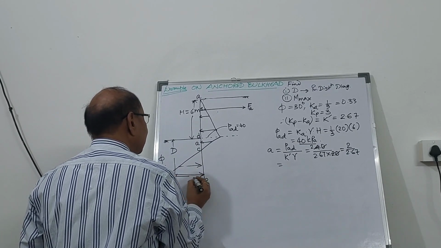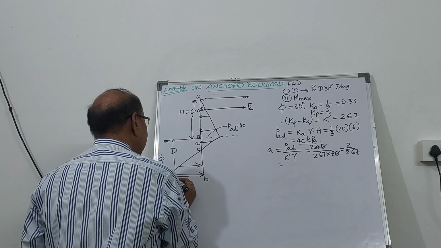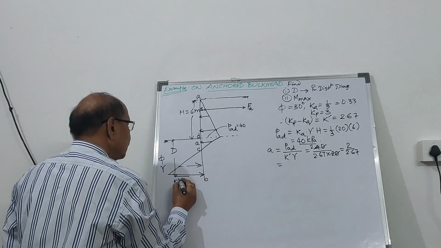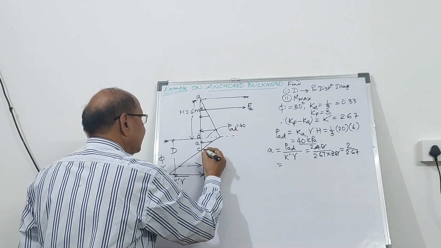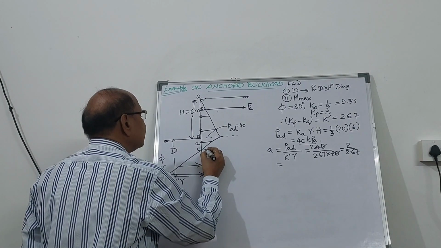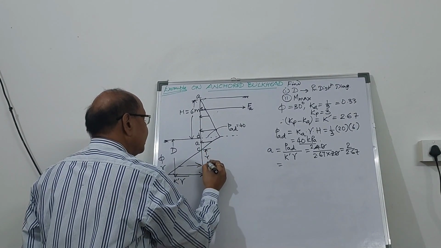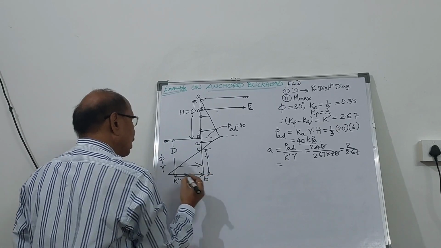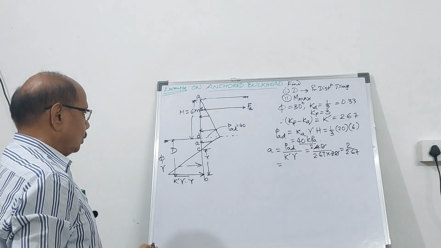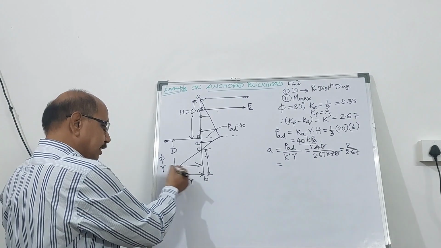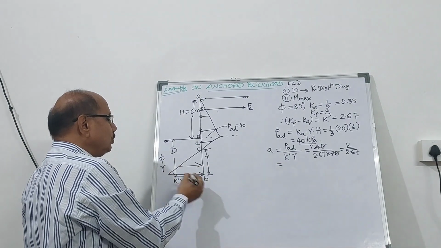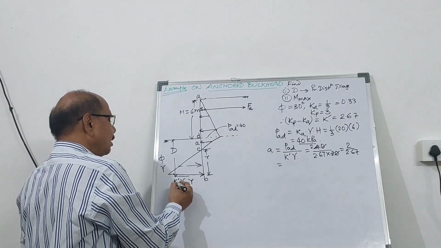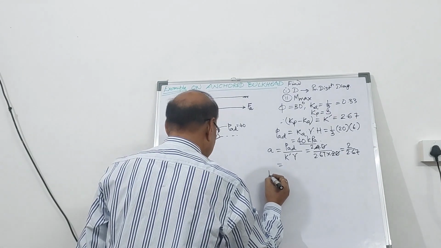Here the passive pressure at B will be K prime into gamma, and if B to C, this height is capital Y, then into capital Y. This I have already explained to you in my previous video, and therefore this component you can calculate it.